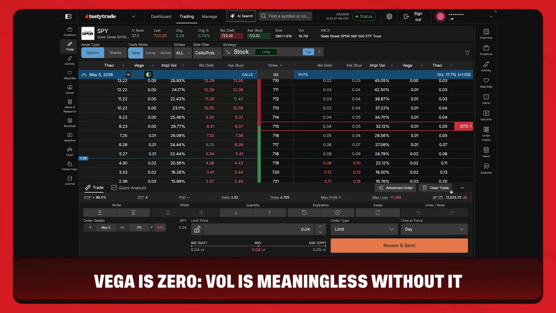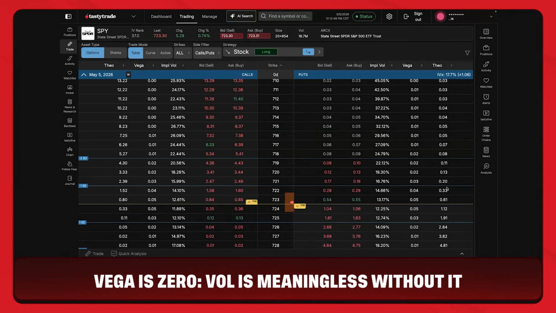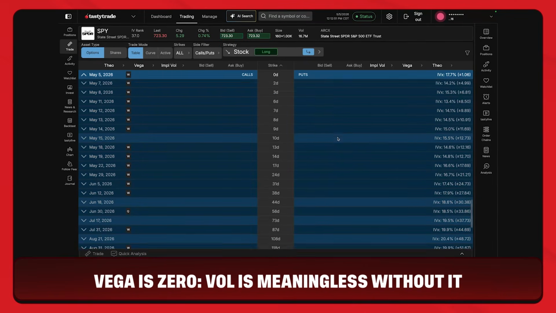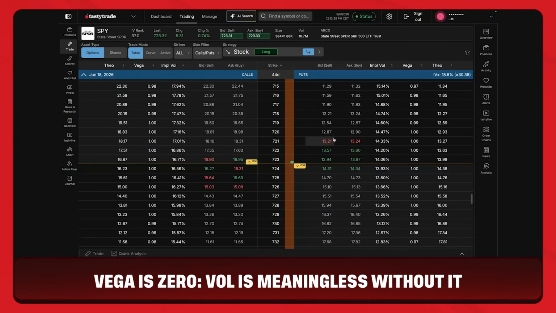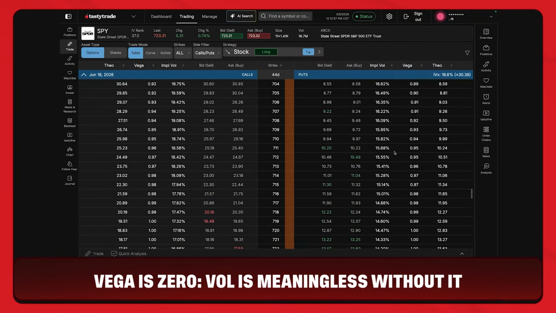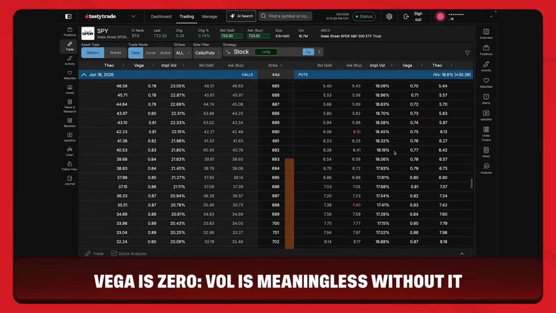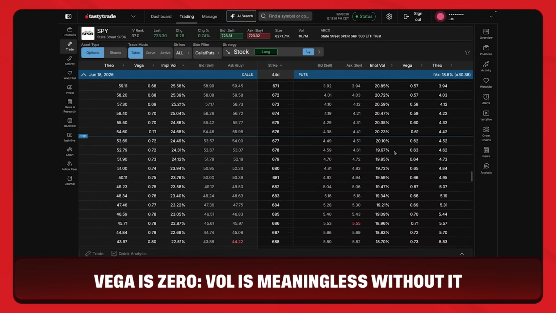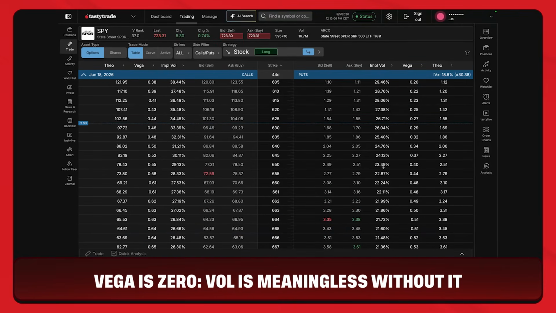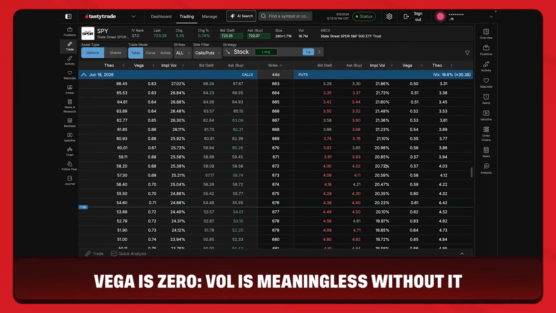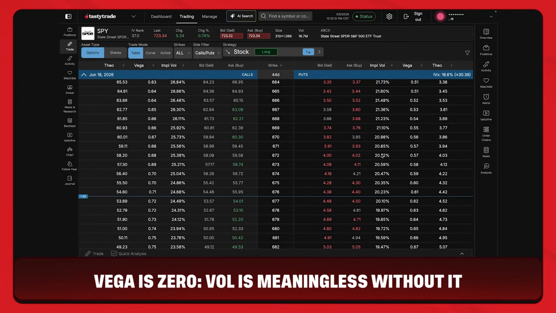Okay, let's clear this out and go out to a further expiration, something like 44 days. And you'll see a different situation. So I can go out to those, let's say the 650 puts, for example. Those are 2.51. Those have a 23.5% volatility, as opposed to the at-the-money, it's about 20%, so it's a little bit higher.